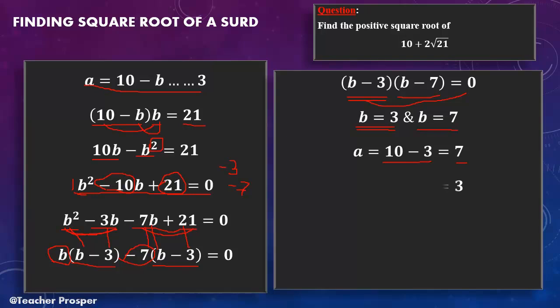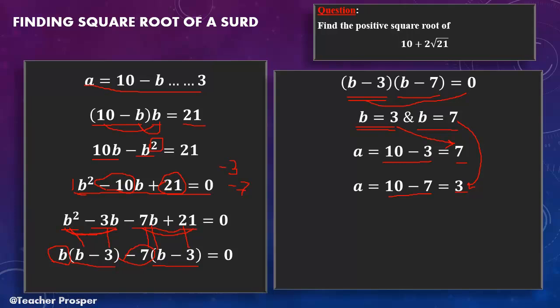And then by substituting b equals 7, we'll get 10 minus 7, which gives us 3. So when b is equal to 3, a is equal to 7. And when b is equal to 7, a is equal to 3.